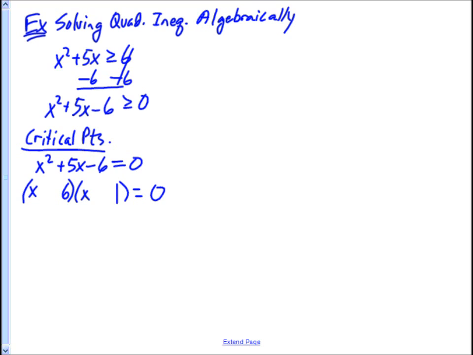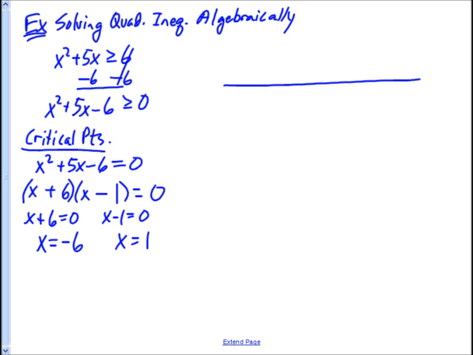So 6, 1. Okay, check that, x squared minus x plus 6x minus 6, all that works, all right? Use that zero product property. Say, okay, subtract 6 both sides, add 1 both sides. Those right there are what's called my critical points. Critical points, okay? So negative 6 and 1.